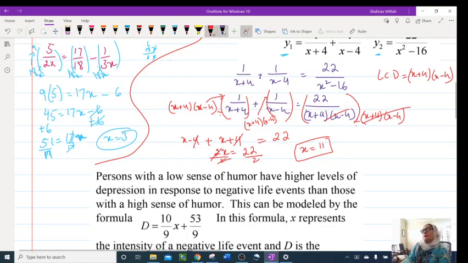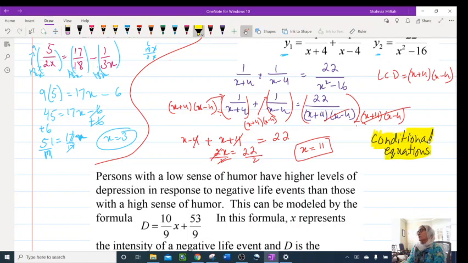So I'm going to write here, all these 4 questions that I did, they are called conditional equations. And there is one solution there. So I'm going to highlight this. The questions that we did so far are all conditional equations.